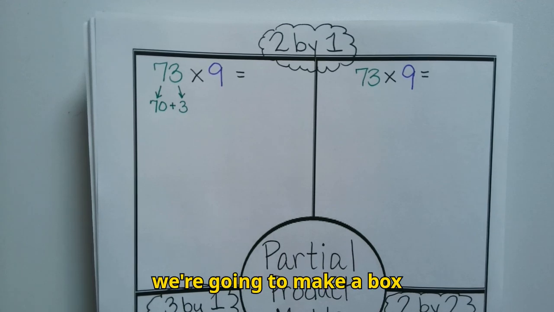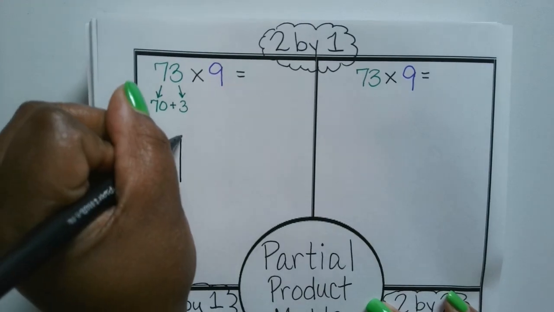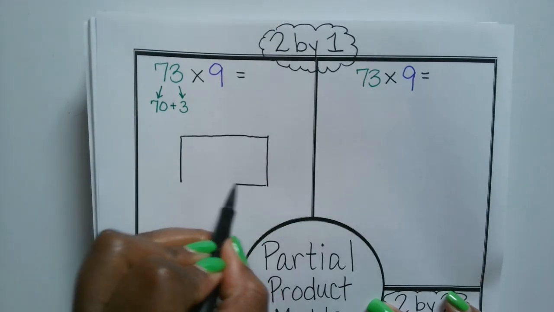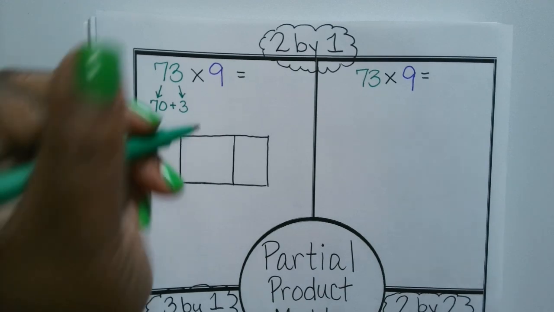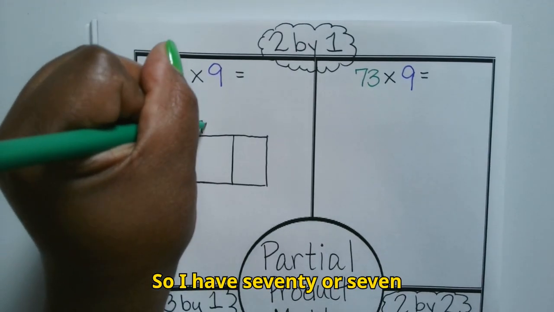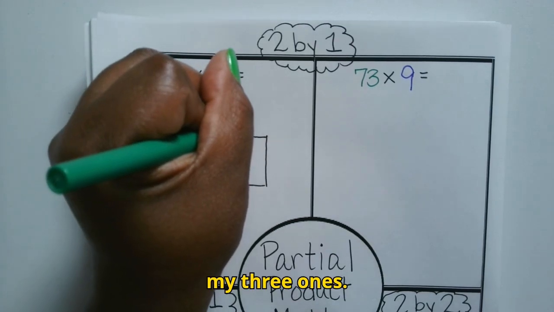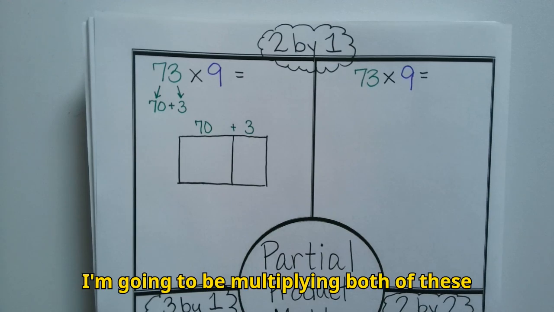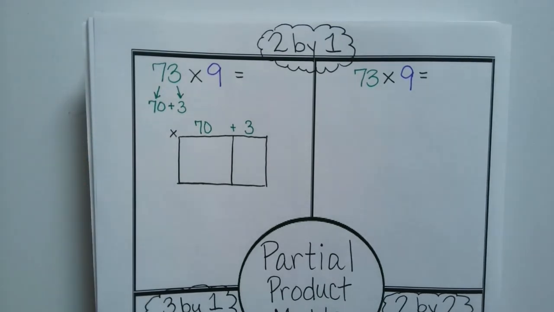Okay, now we're going to make a box that has those two digits. So I have 70 or 7 tens plus my 3 ones. I'm going to be multiplying both of these numbers by 9.